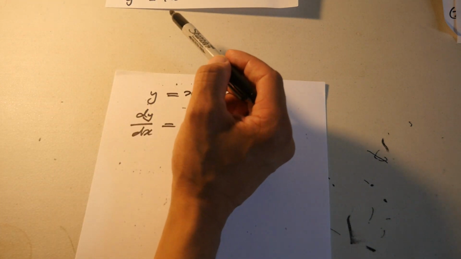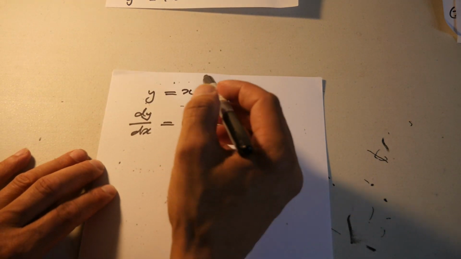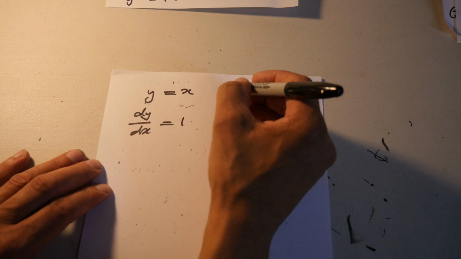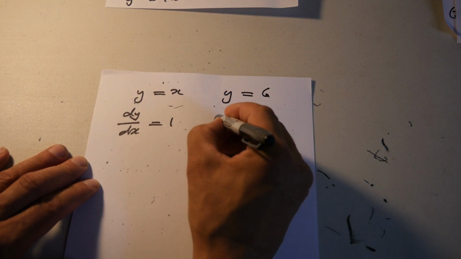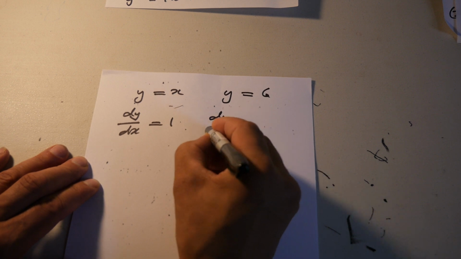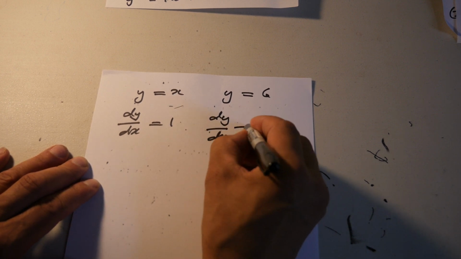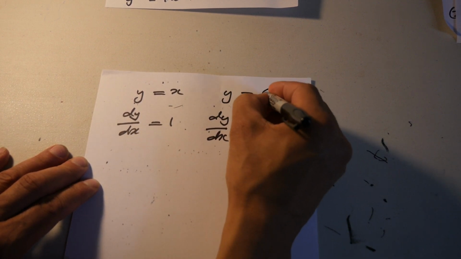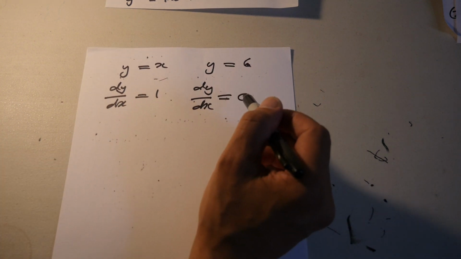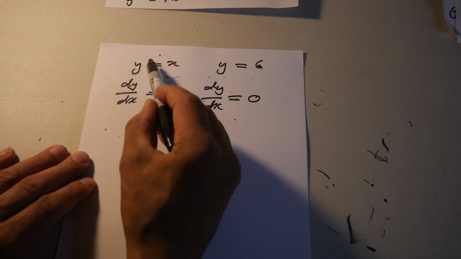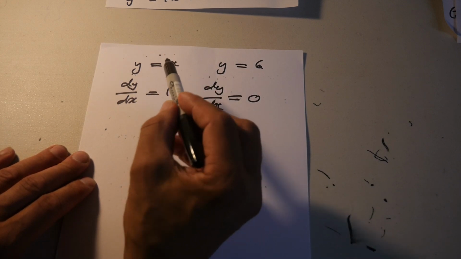You have to explain the theory of this to explain it properly, but it basically becomes 1. And if y equals a constant, say 6, dy by dx equals 0, because the gradient represents the slope. This isn't a constant, it's a variable, but the derivative is equal to 1.